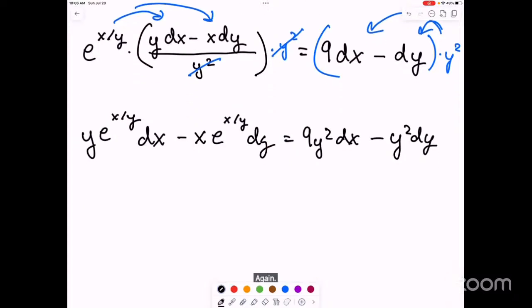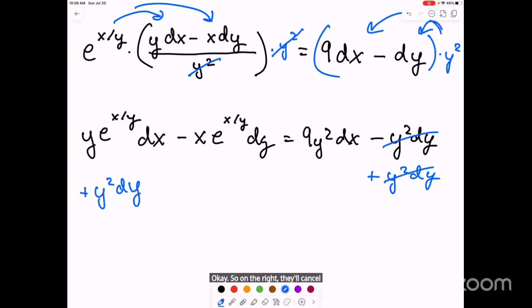Again, any term that has dy, I'm going to move it to the left through algebra. Any term that has a dx, I'm moving it to the right. So I'm going to add this y squared dy to both sides. On the right, they'll cancel. I'll finish with my dy's on the left.